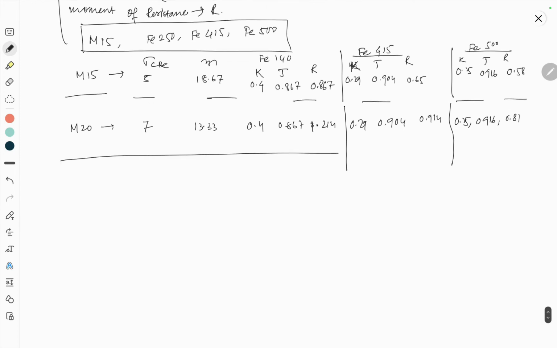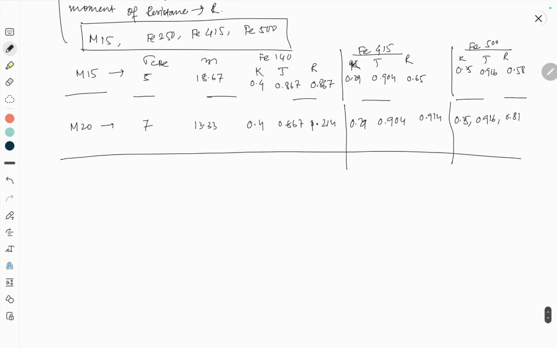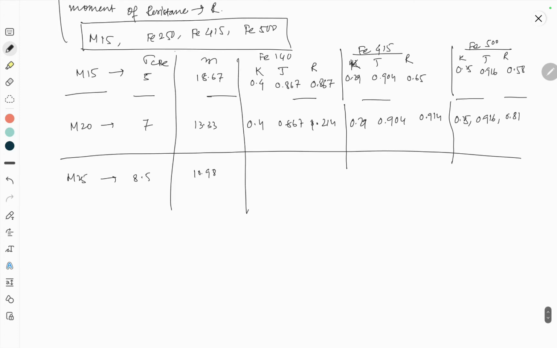What happens if it is M25? The sigma cbc is 8.5, m is 10.98. The value of k for Fe 250 is 0.4, j is 0.867 and R is 1.48.